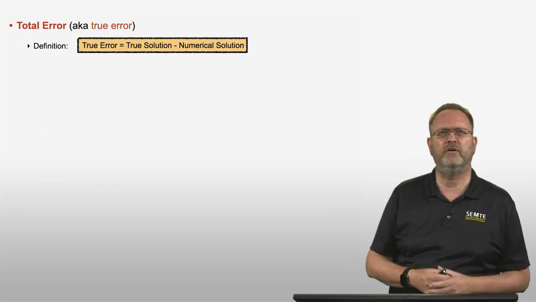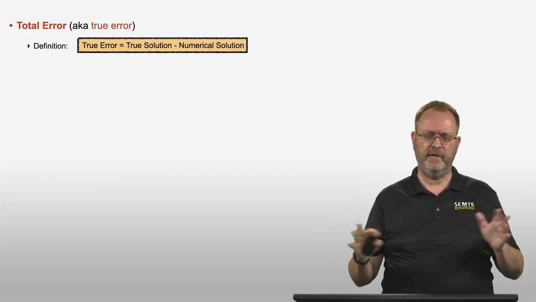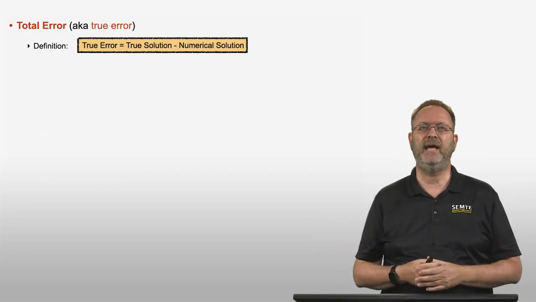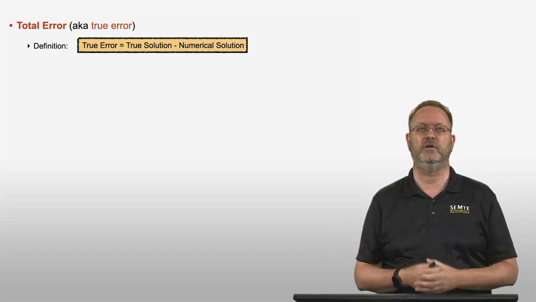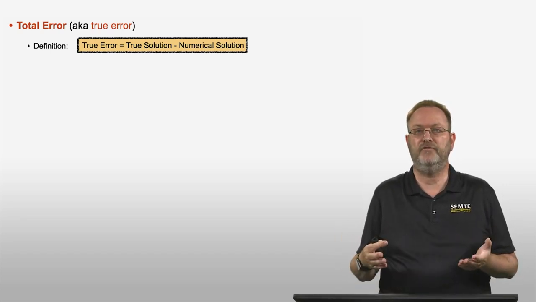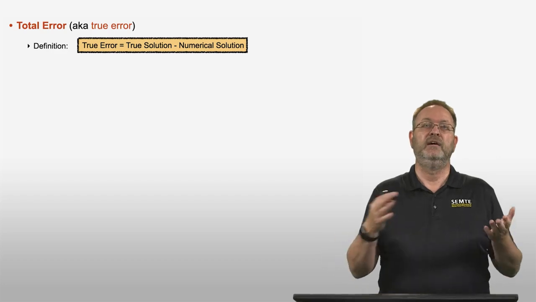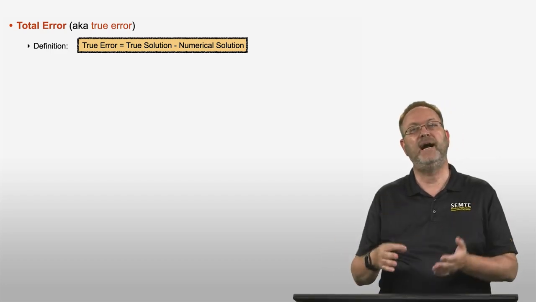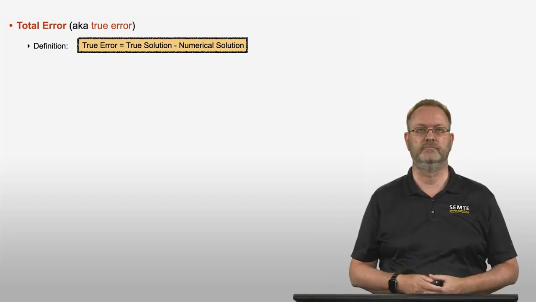Okay, so we talked a lot about errors, so let's just, once and for all, define what we mean by errors or true errors or total errors. So the definition of the true error is the true solution minus the numerical solution.